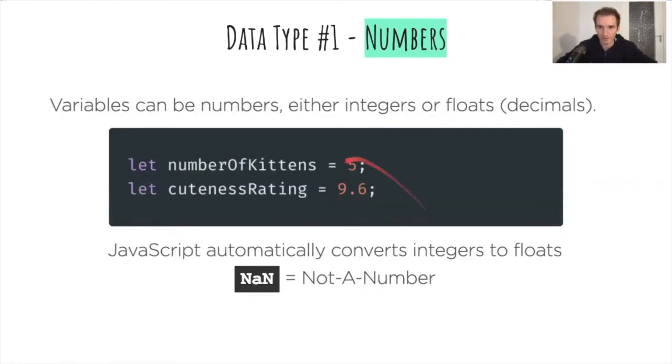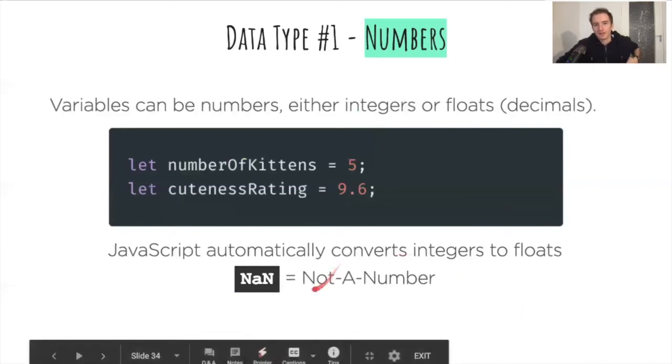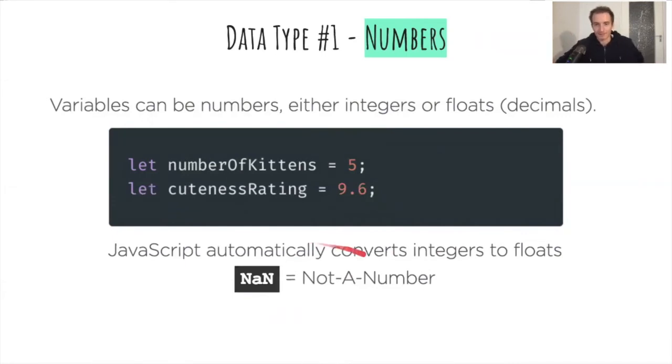JavaScript recognizes both of these just as numbers. That's quite convenient compared to most programming languages where you need to define something as either an integer or a number with a decimal. So when it reads an integer or a float, it converts to numbers.